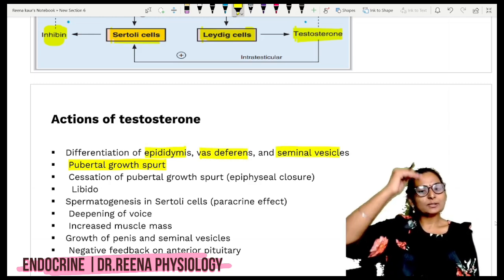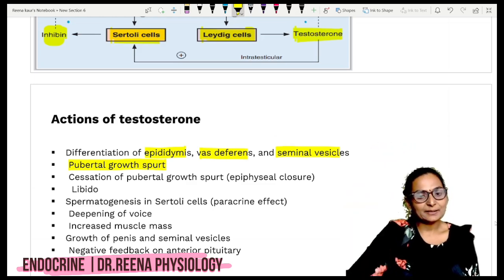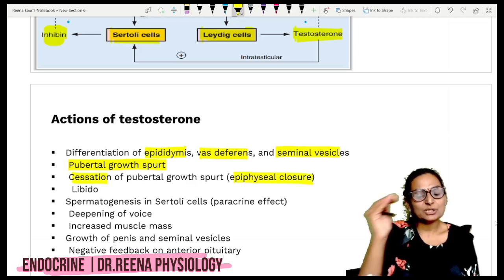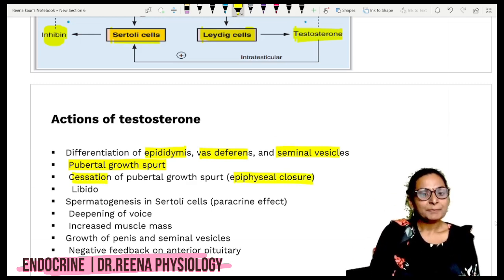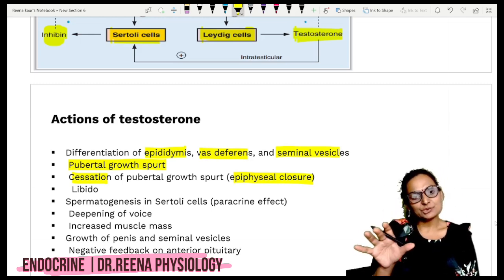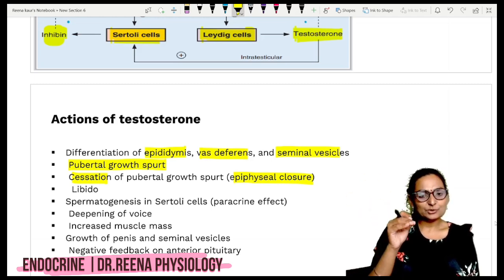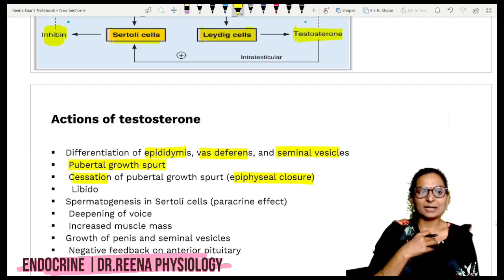Now, as it causes the growth spurt and increases the height, it also brings about cessation of growth, that means closure of the epiphysis. But remember, the closure of the epiphysis is brought about earlier by the estrogens. Therefore, if you compare male and female of the same age, the height is comparatively more in the males, because testosterone will not close it as early as estrogens do.